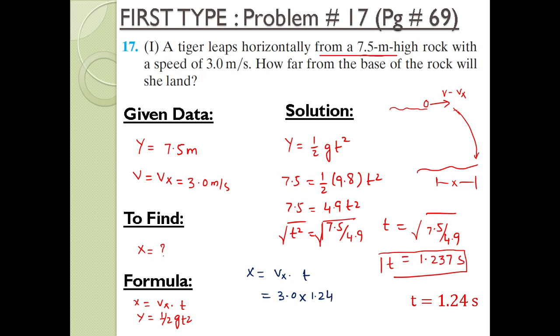If we simplify it, we get the horizontal distance is 3.72 meters. We can round to two significant figures, 3.7 meters. So this is your solution.